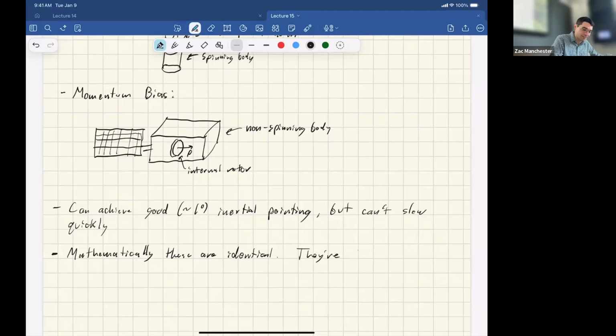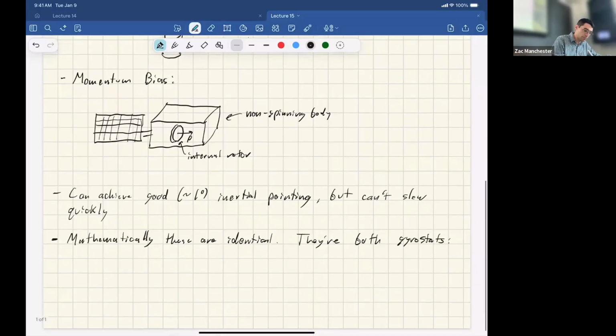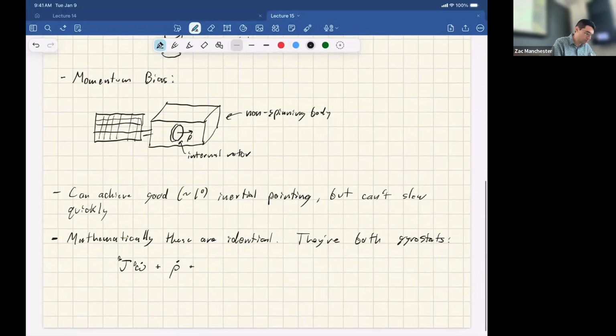As a refresher, both end up looking like this. We have our so-called gyrostat equation, and I'll write the whole thing out because we haven't seen it in a little bit. So that's the body inertia times body angular acceleration, the rotor torque, rho dot, and everything's in the body frame.